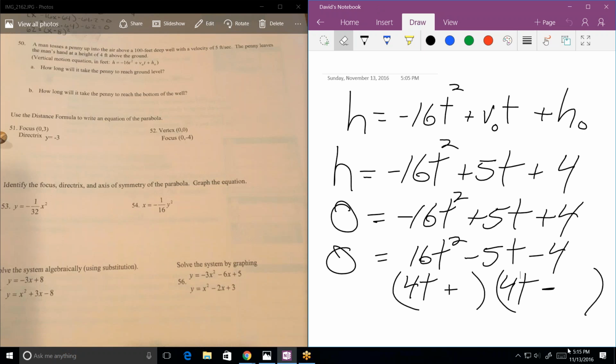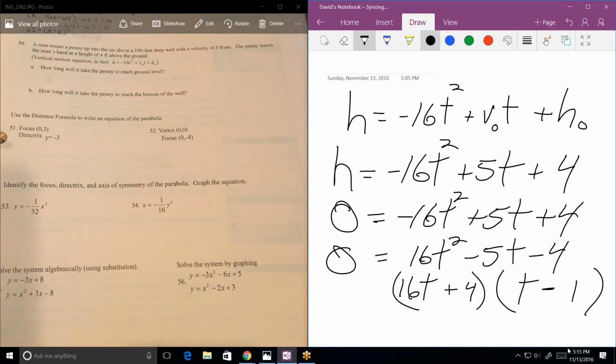So 4t and 4t doesn't work. So real quick, I'm going to try 16t and t. That might work. But I definitely need to have the 4 multiplying the t and the 1 multiplying the 16, and that produces a number of 12. So there's no way this thing factors.